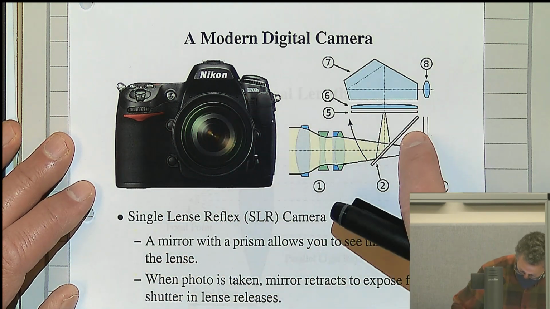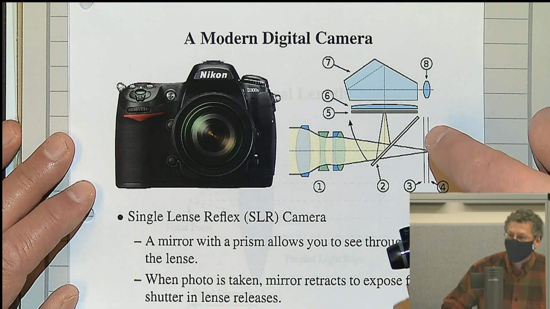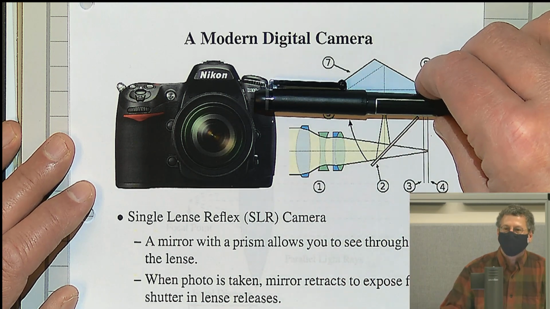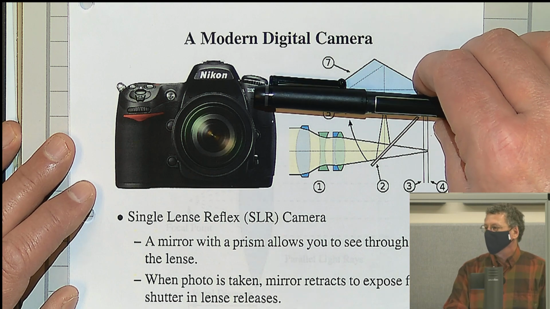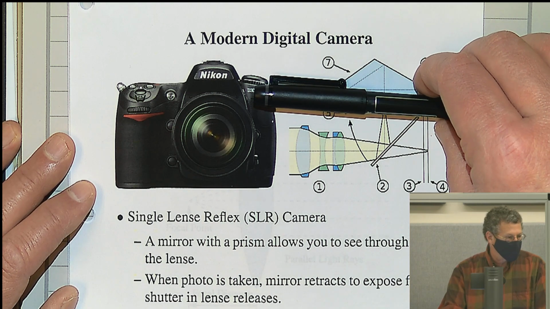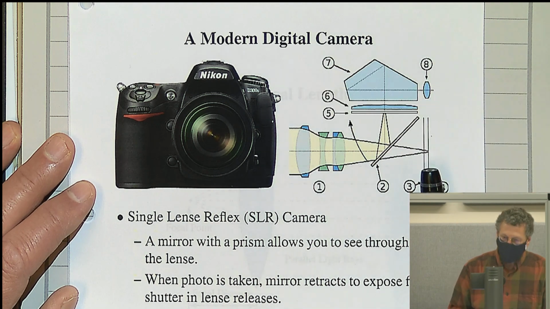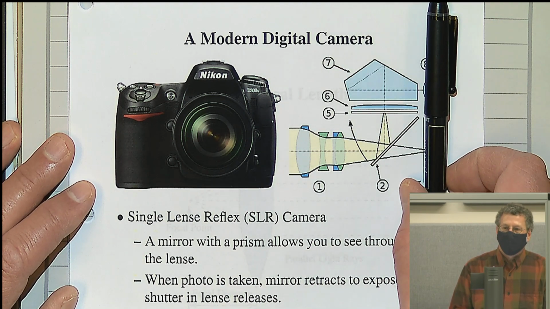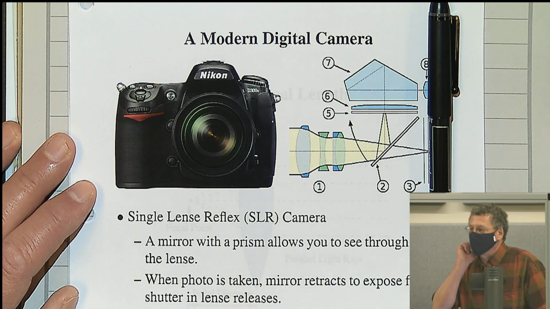They're mechanical engineering marvels, because when you press the shutter release, the mirror flips up, and it has to be a light seal, so the design is a little tricky. These were originally designed for chemical film, and then they were adapted for digital sensors.